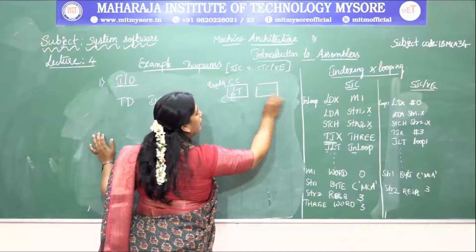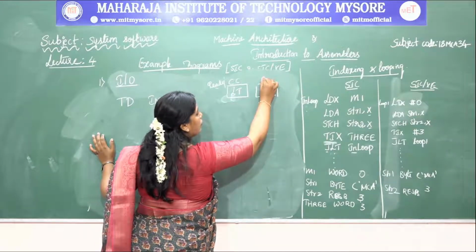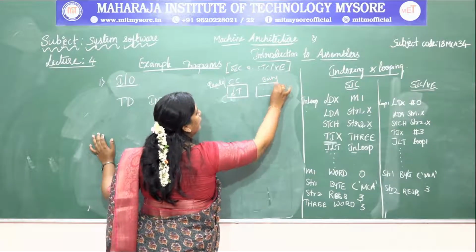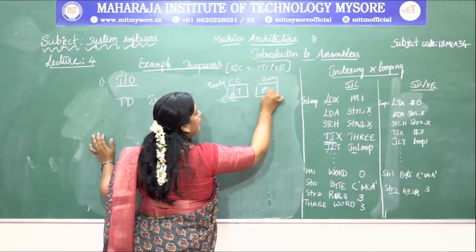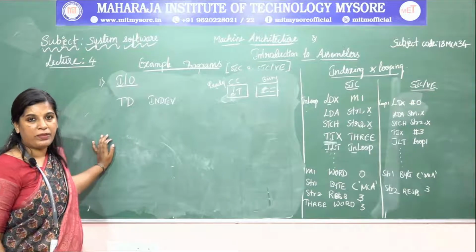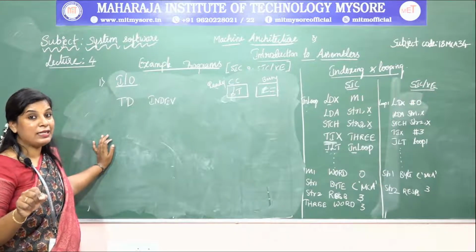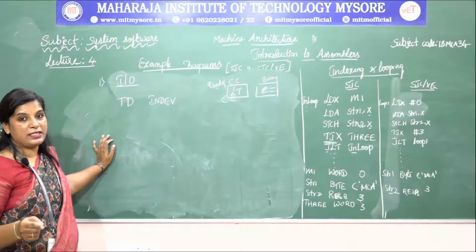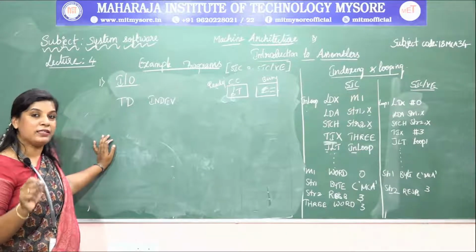If it is not ready, if it is busy, then it is going to set the value in the condition code flag bit as equal. If it is less than, the device is ready. If it is equal, the device is busy.